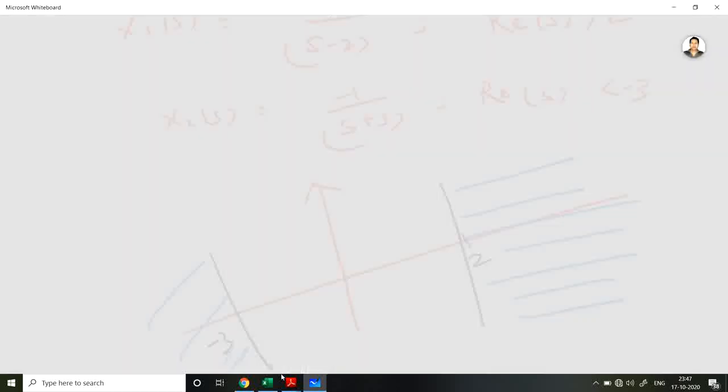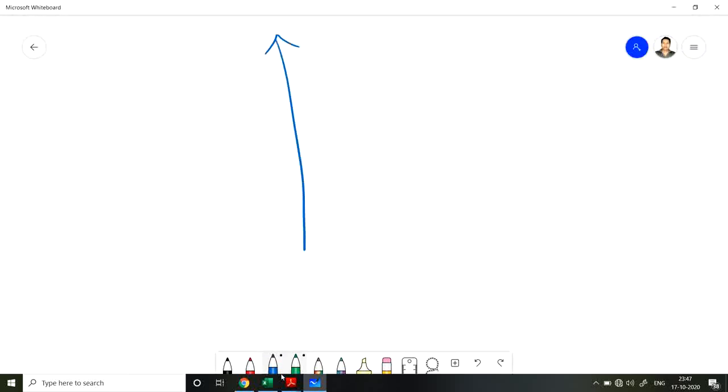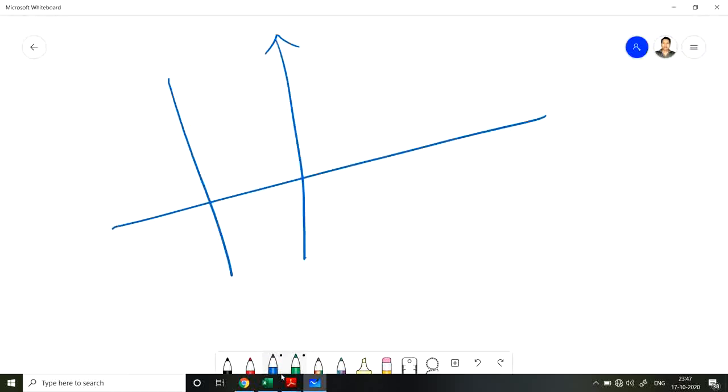So let us draw it again. This is our sigma, this is our j omega, then this is minus 3 and this is 2.